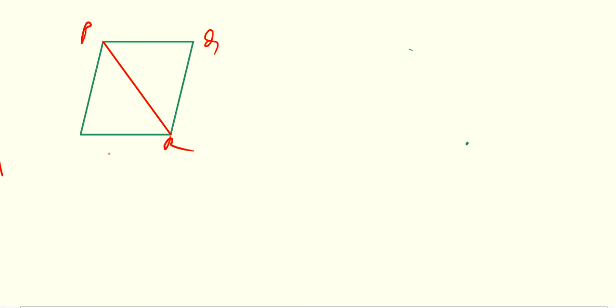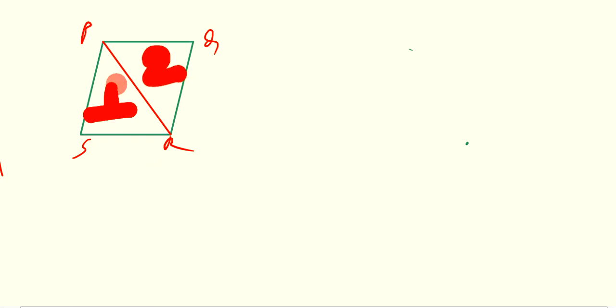Then if you are having a quadrilateral, and there is one diagonal in that quadrilateral. So as you can see, P, Q, R, S, this diagonal divides quadrilateral PQRS into two triangles, first triangle, then second triangle.